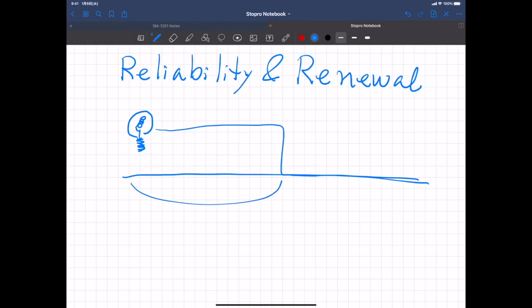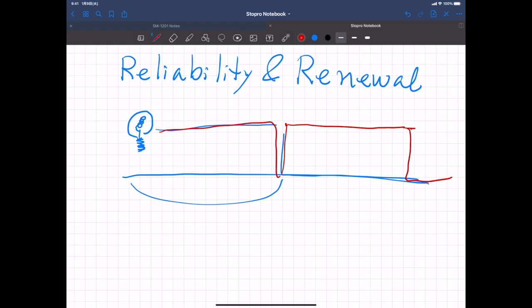So this time will be a random variable. If you replace it with another light bulb, then it will light for some time, and after some time it will again die out. So this is a renewal process, and the reliability is the length of time this light bulb works properly.